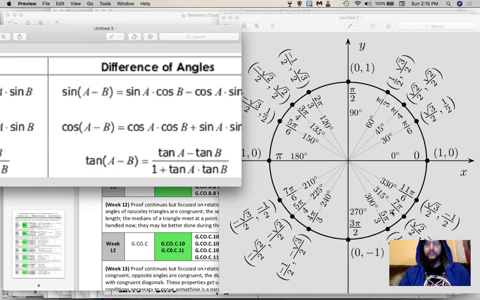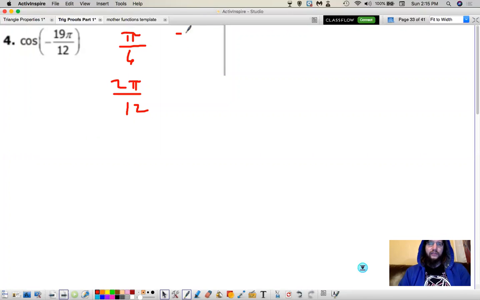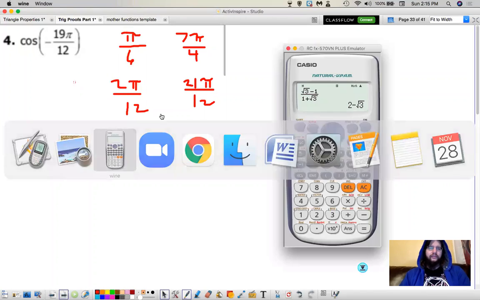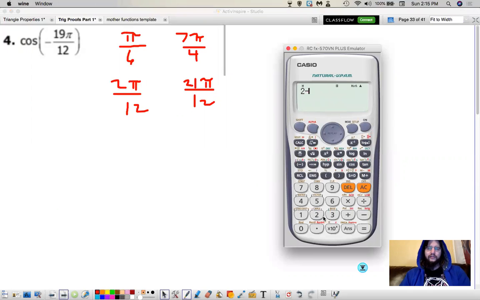That's going to be 21 twelfths right there. So 7 pi over 4 is 21 twelfths of pi. If we combine these, 2 minus 21 is -19. Check. Yeah, it is. So that's what we're going to use.